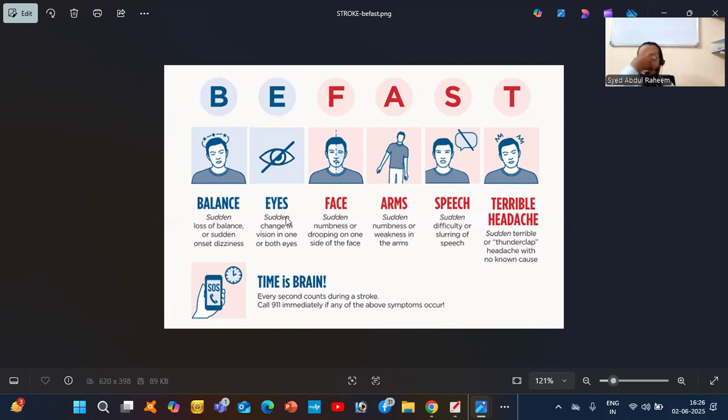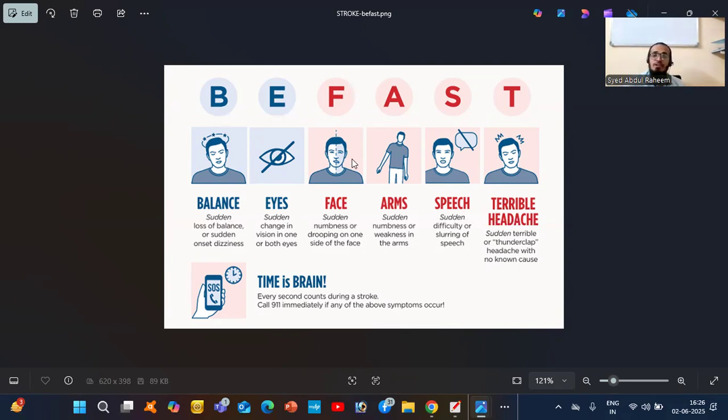E for eye: sudden loss of vision, any changes in vision, in one eye or both eyes. It doesn't mean it is an optic problem. Both can happen, but sudden onset happens, so it is mostly due to neurological deficit.